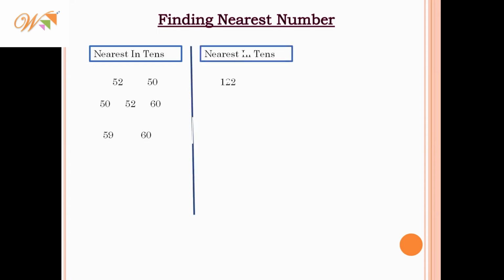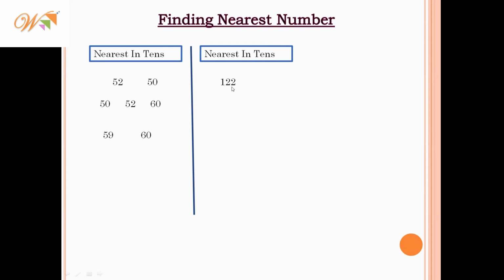Now let's say we have been given a three-digit number, 122. But we have to find the nearest number in tens, not in hundreds. Okay. So we will only look at 22, not 122. 1 will come as it is.